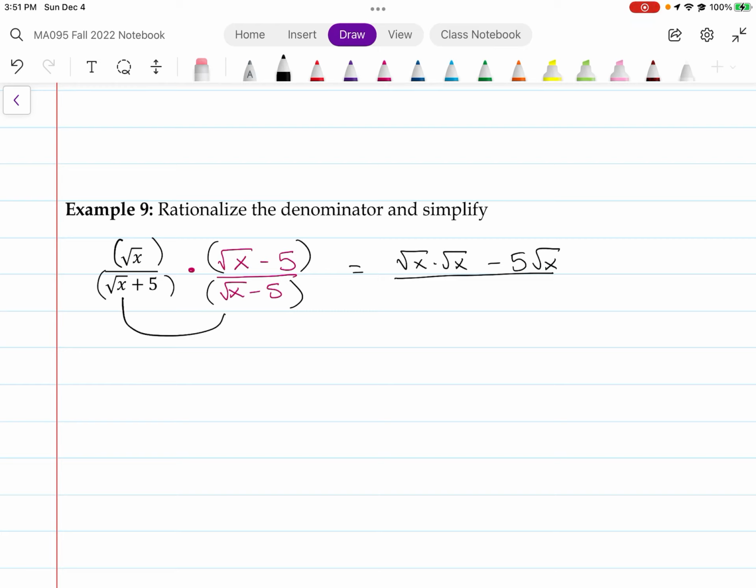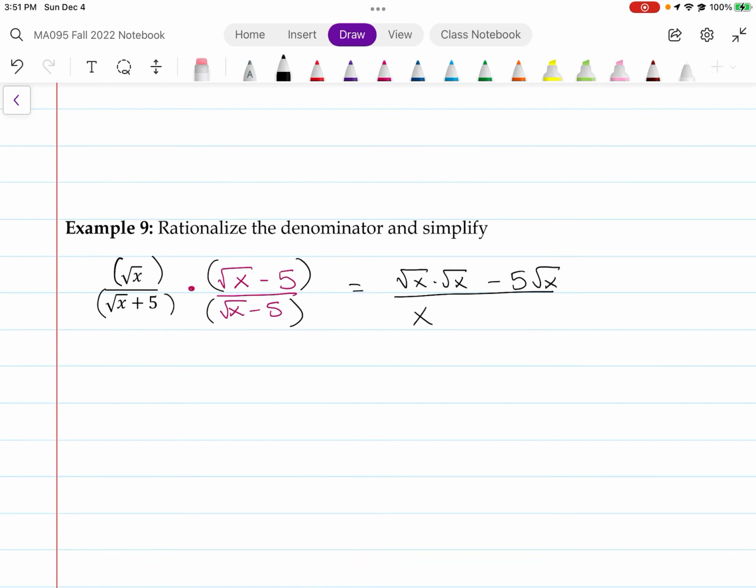Let's just do this. Square root of x times square root of x is x. And then we get minus 5 square root of x plus 5 square root of x, and they go away, right? And I'll write it one more time. Minus 5 square root of x plus 5 square root of x. But they're going to cancel out.